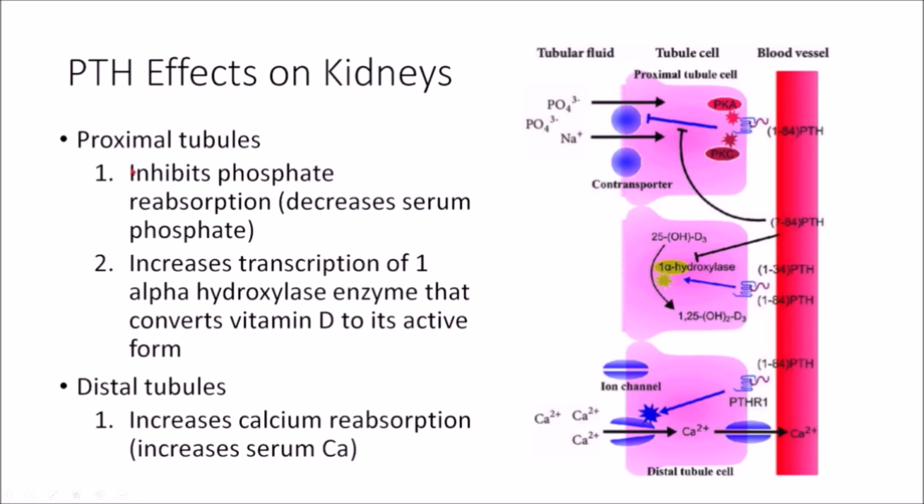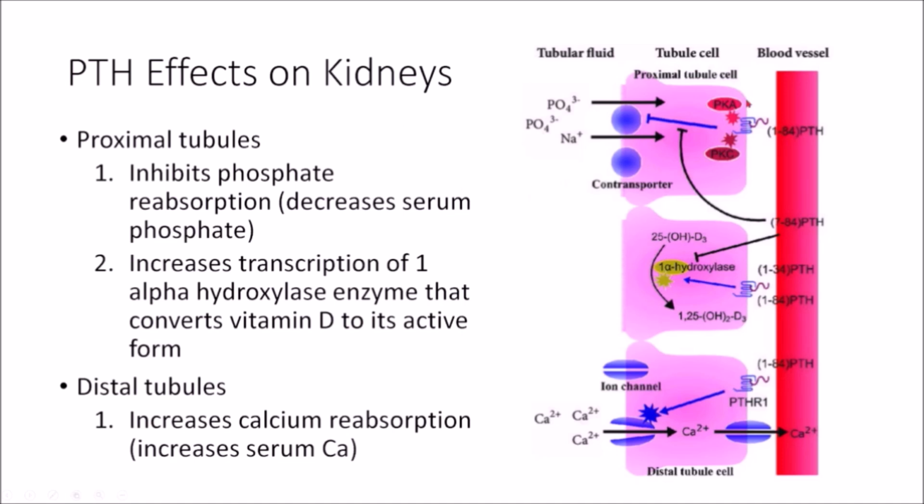In particular, it inhibits phosphate reabsorption. As you can see on the side here, you have the tubular fluid, meaning this is the kidneys. You'll have water come through here with all the different things that have been in your body. Then the electrolytes will be sifted through by the tubule cells in the kidneys to determine whether they need to stay in the kidneys to be excreted in your urine or come back in the body because they're still useful to you.